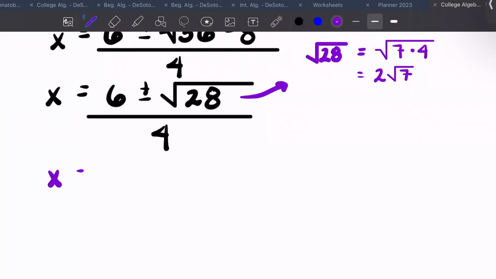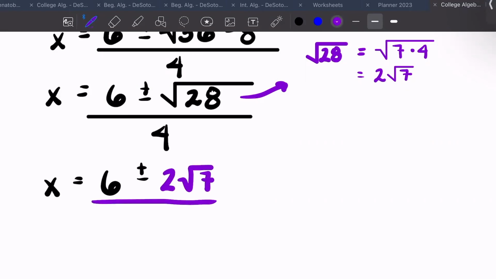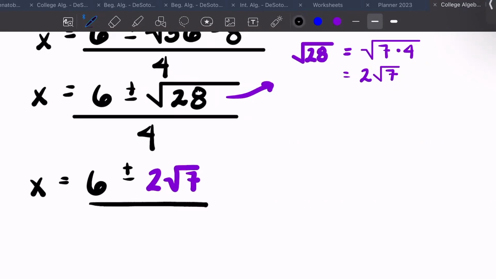So we get x equals 6 plus or minus 2 on the square root of 7 over 4. Okay.